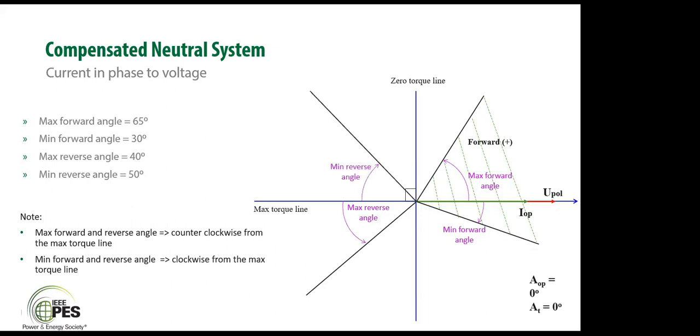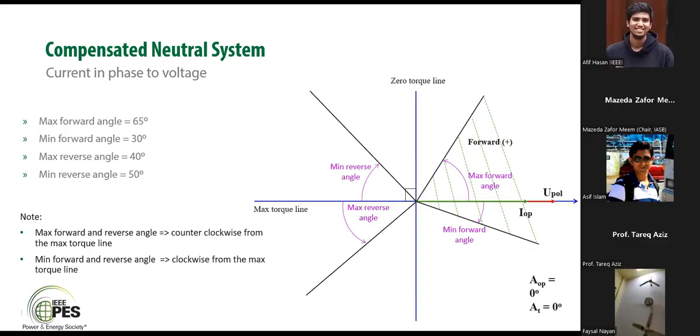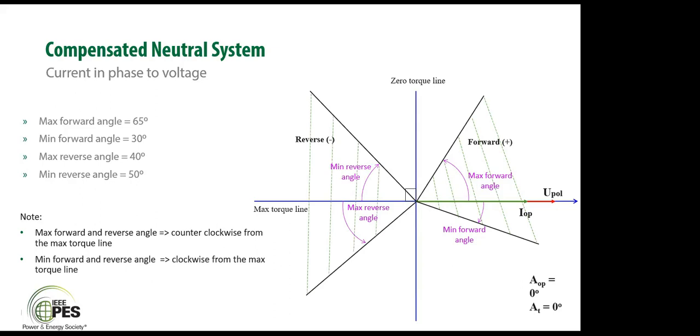So we have the maximum and minimum reverse lines, and the area in between them will be the reverse operation zone. So for a compensated neutral system, we have a forward and reverse operation zone, and obviously the rest of the quadrant will be considered the no operation zone.